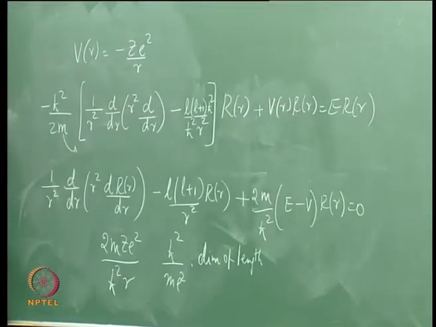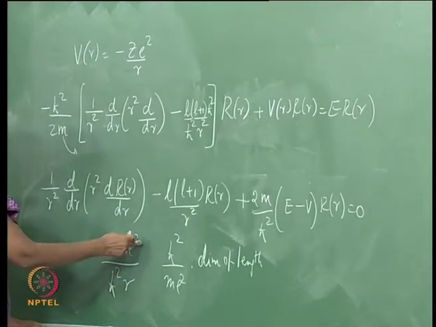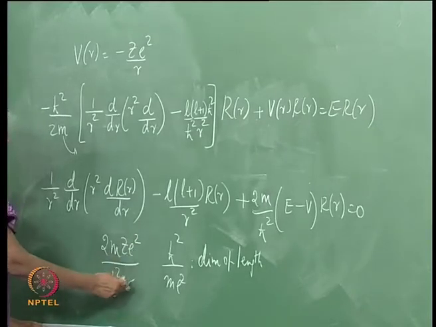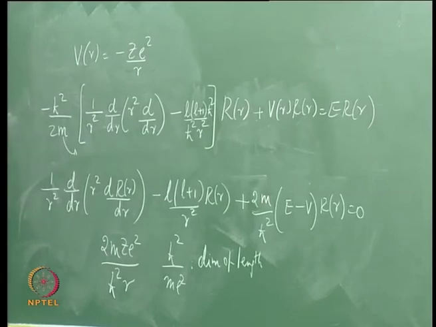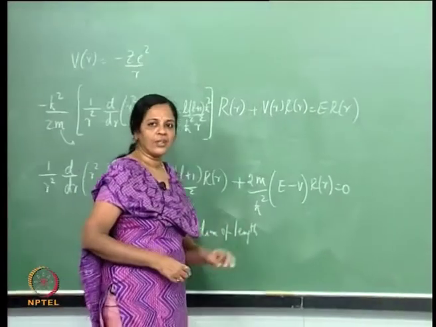That's easy to see, because h cross has dimensions energy times time, and e squared has dimensions energy times length, because Ze squared by r has dimensions of energy, and there is a mass here.